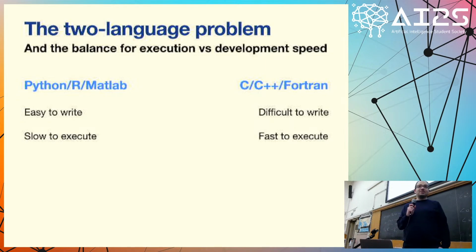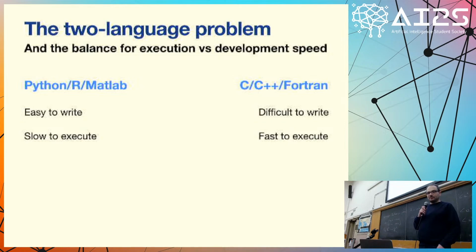They can be difficult to write compared to other languages, but they're fast. It is not trivial, but it's not impossible to get good performance out of Python and C, C++.